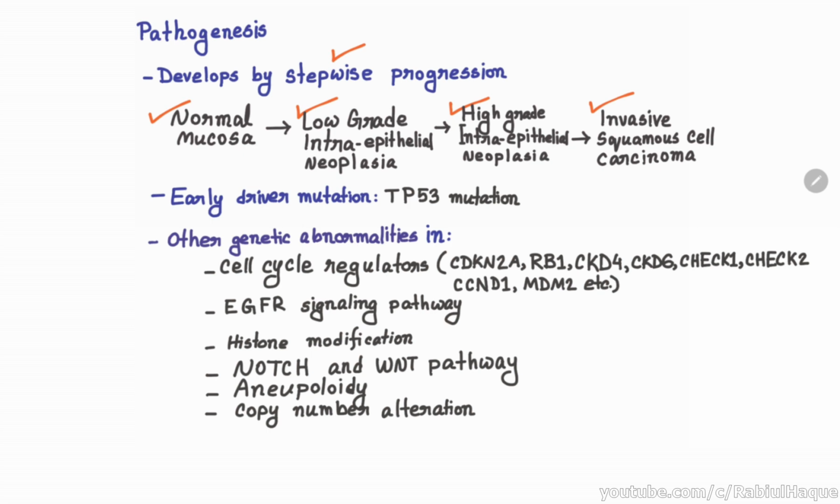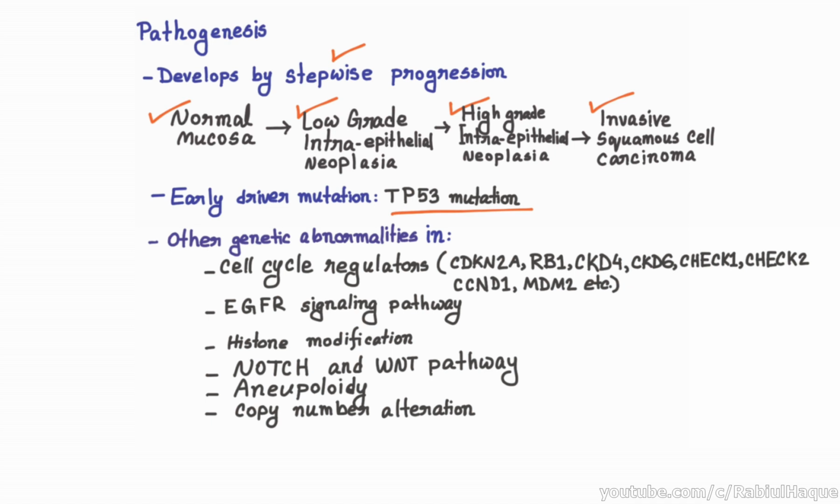So always remember that it is happening in multiple steps and it is gradually progressing. Now, tumor suppressor gene TP53 mutation is a very important early driver mutation, and it is usually developing at the stage of intraepithelial neoplasia.